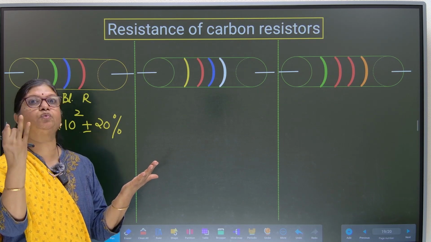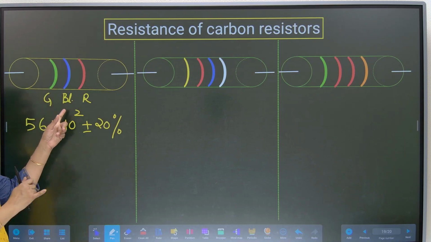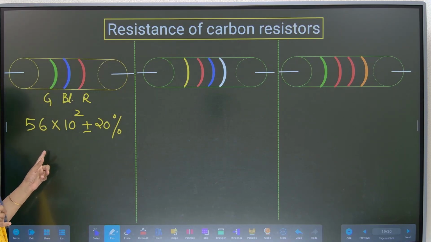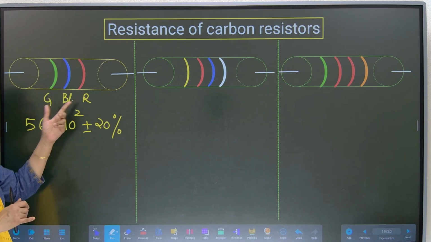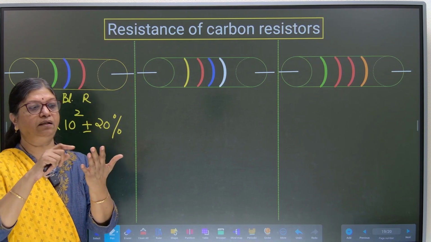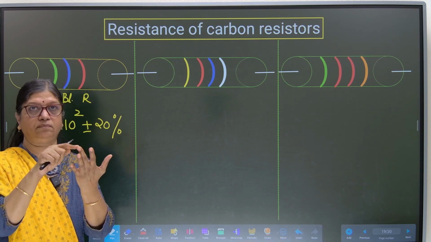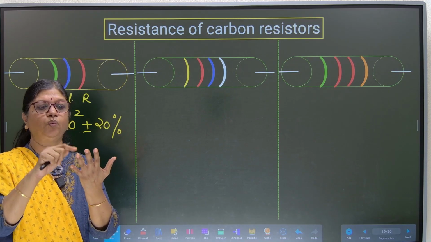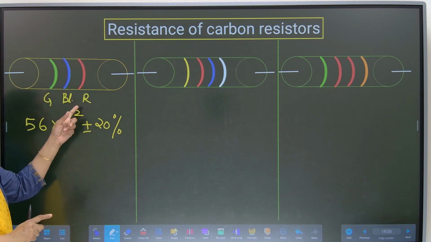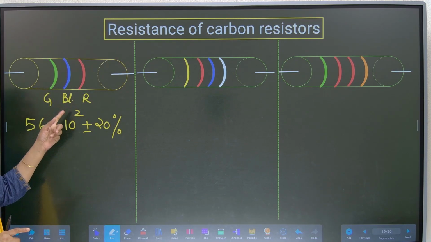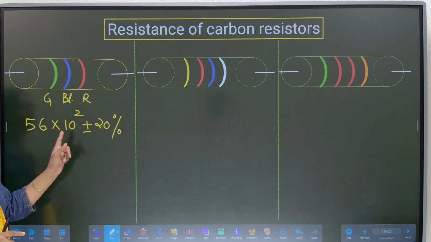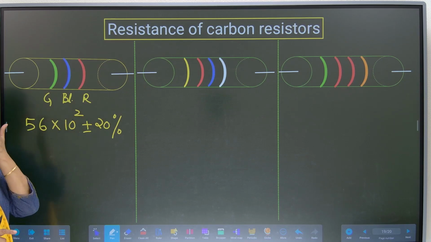This is 5, so this is 6. So 6 I have written as the number for blue. Red we have already seen. B-R-O-Y, R, red is 2. 0, 1, 2. Okay, so this is 2. So multiplier 10 raised to 2. Plus or minus, no band is there, 20%.